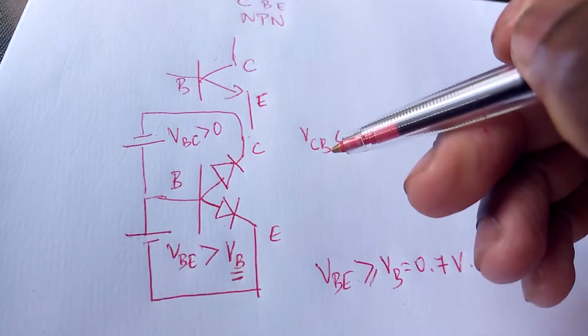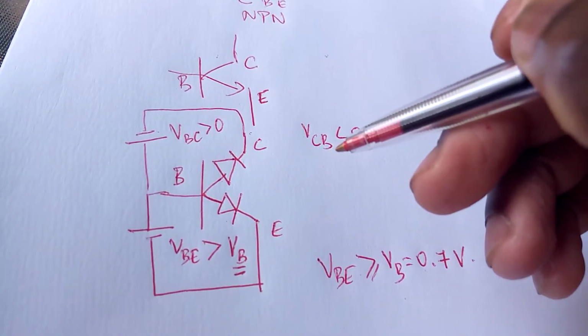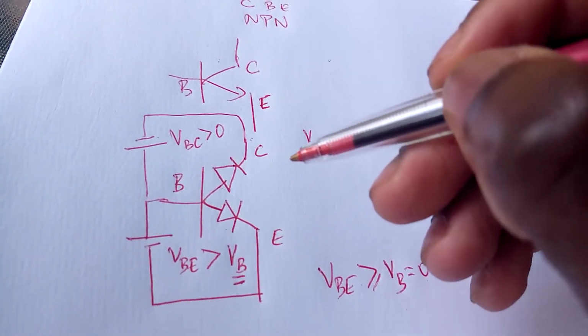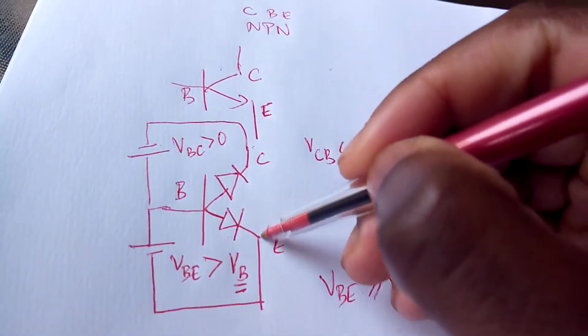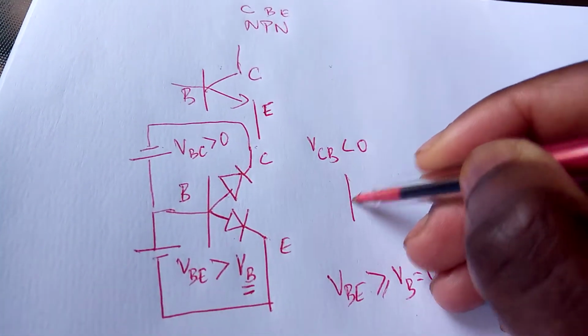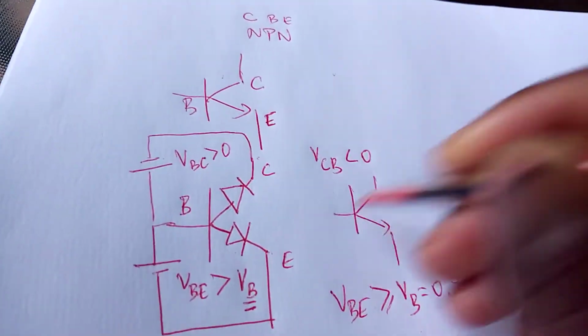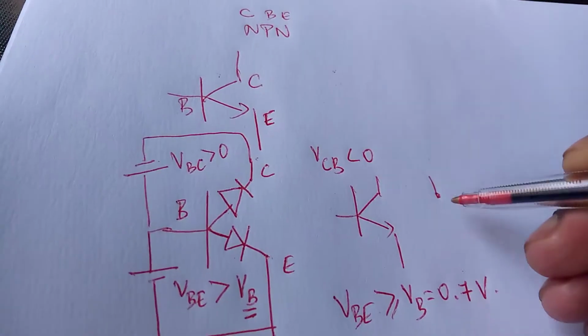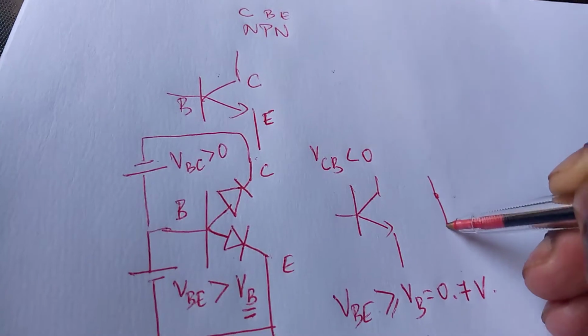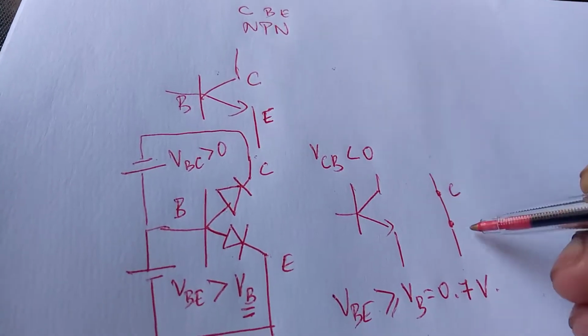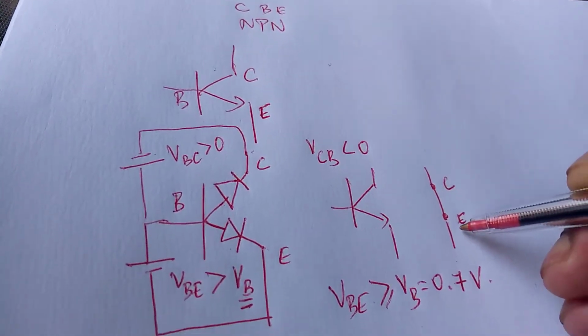When you're in saturation region, the transistor tends to act like a closed switch. So the transistor behaves like a switch, and here we're talking about functions already. It's more like its collector side was connected to the emitter side.